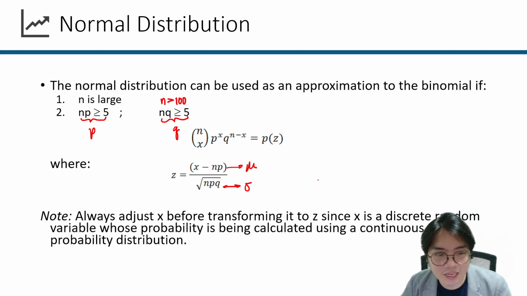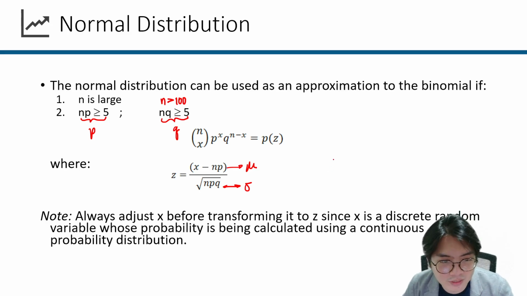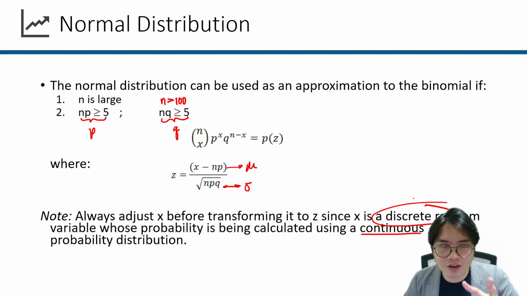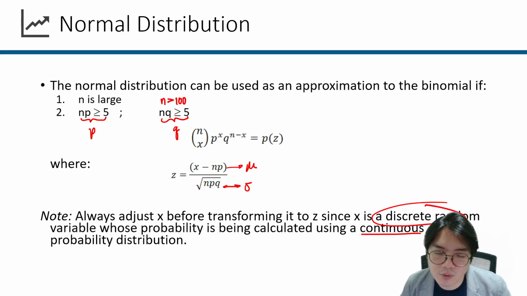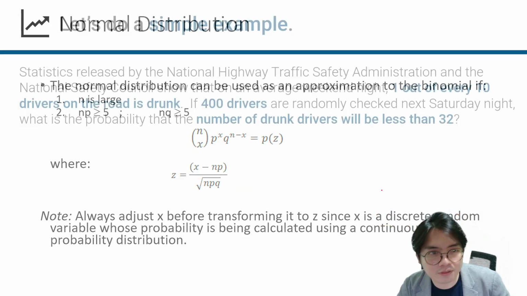Always adjust x before transforming it to z, since x is a discrete random variable whose probability is being calculated using a continuous probability distribution. This is very interesting because once n is large enough, and np and nq are bigger than 5, you can now treat it as continuous. Let's try this out.